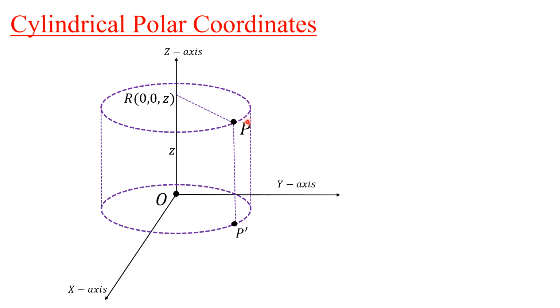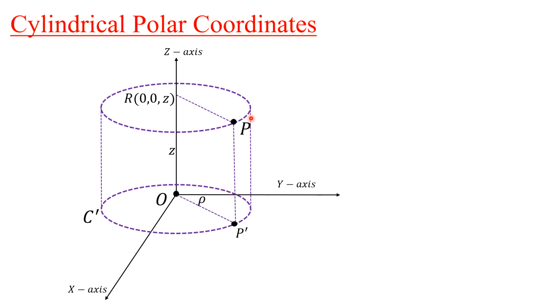For that, let us take the projection of this point on the xy plane and call it P dash. We get this circle C dash here, which is on the xy plane. Now join O and P dash. This rho is the radius of this circle C dash. But this circle C dash is a projection of this circle here, so both circles are parallel, in the sense that they lie on planes which are parallel to each other.